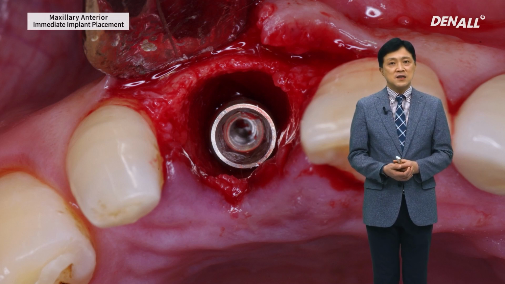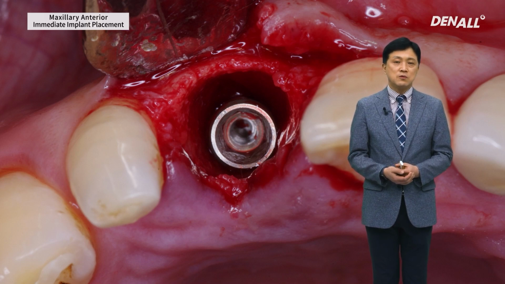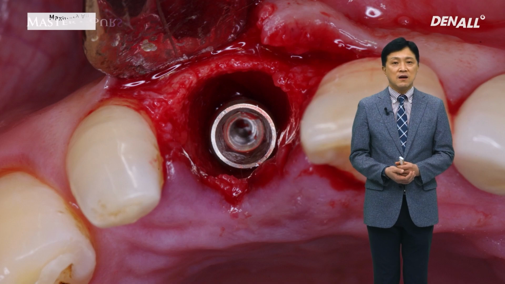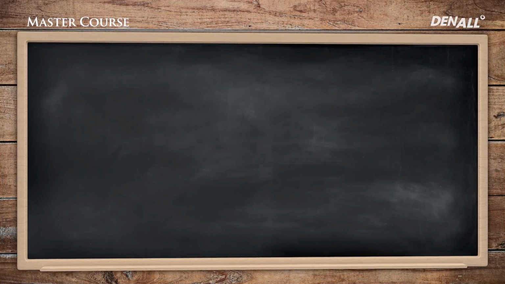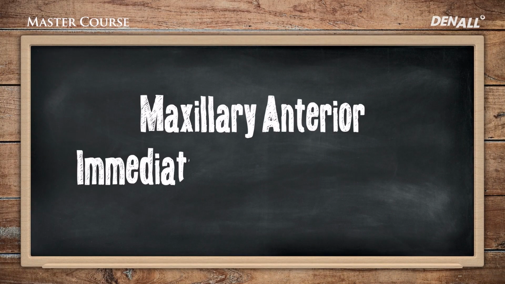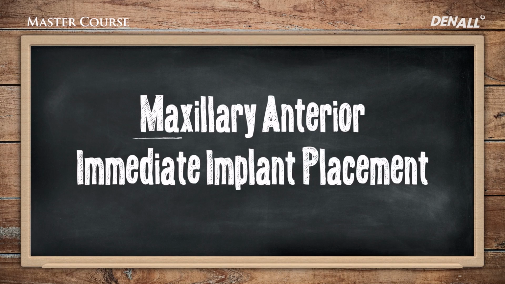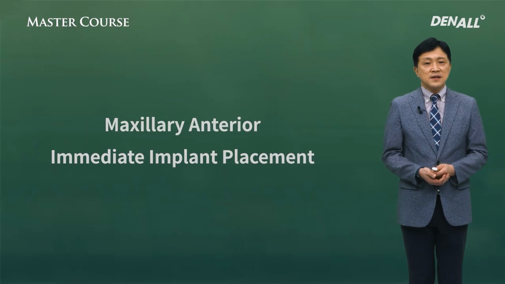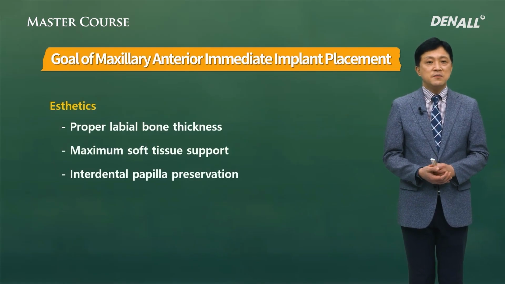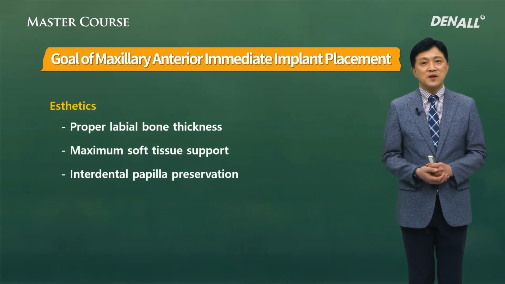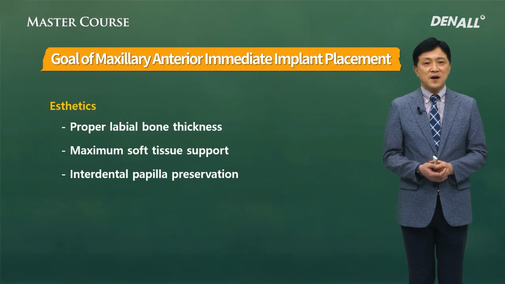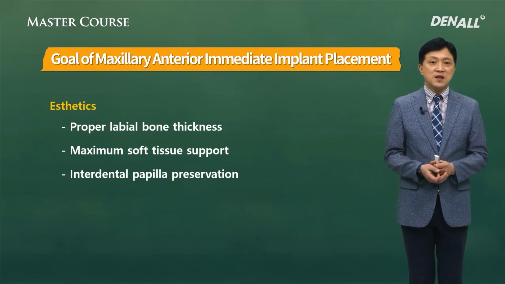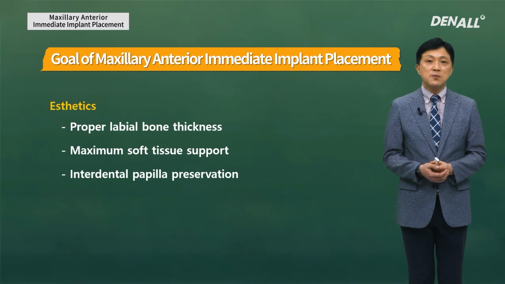In order to achieve a good outcome, we have to consider many more factors compared to other regions. So the goal of placing an implant in the maxillary anterior region immediately after extraction is that aesthetics needs to be ensured.